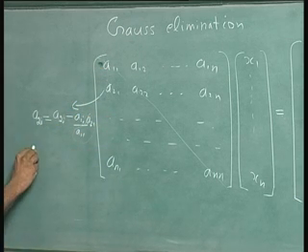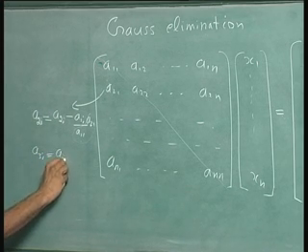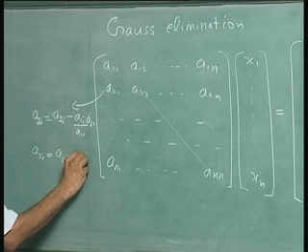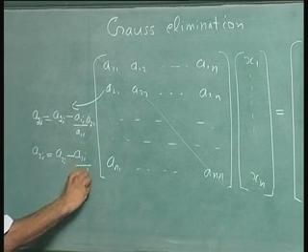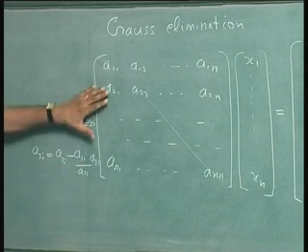Similarly, I will do a3i as a3i minus a1i divided by a11 into a31, etc., for all the rows, and then I could reduce them to 0.